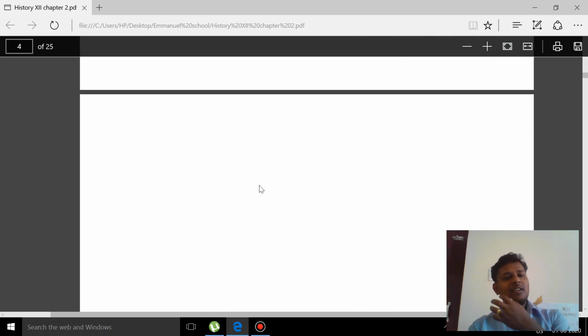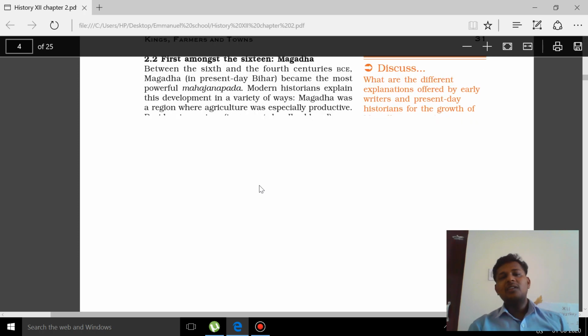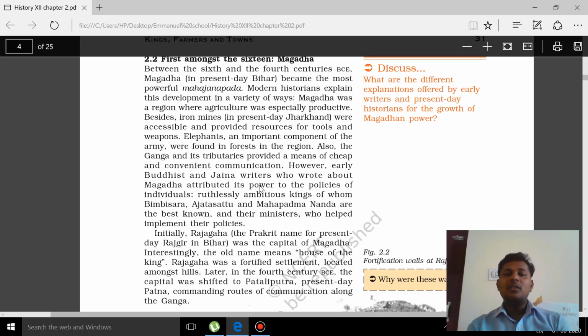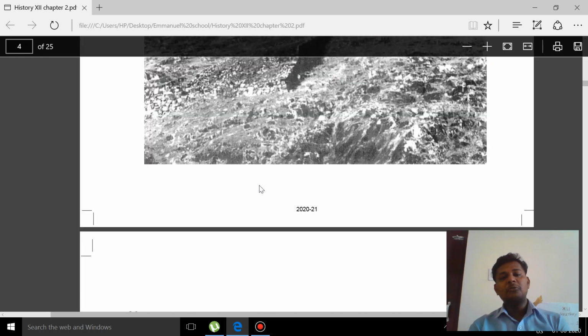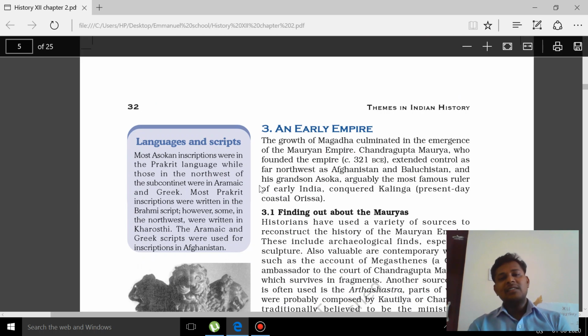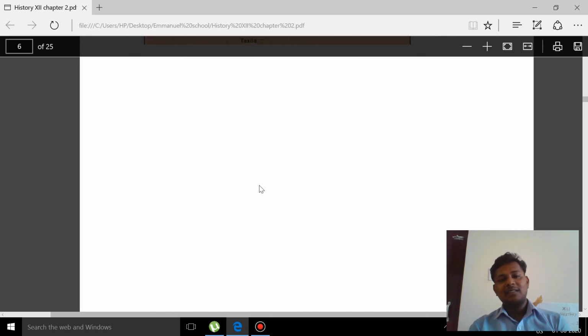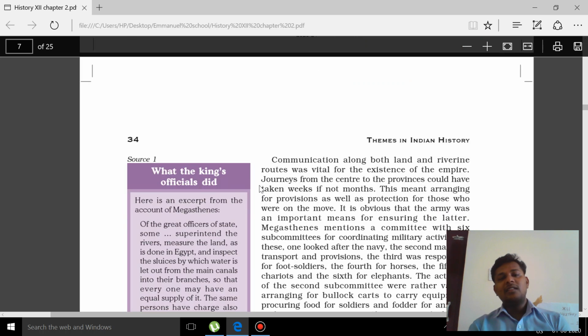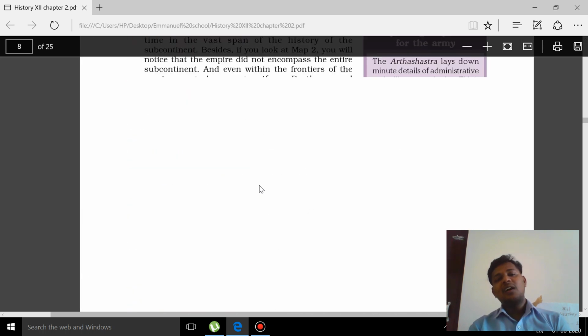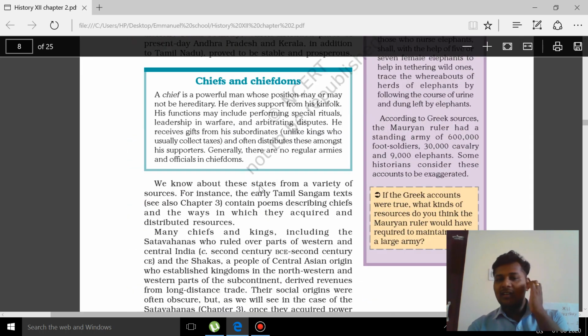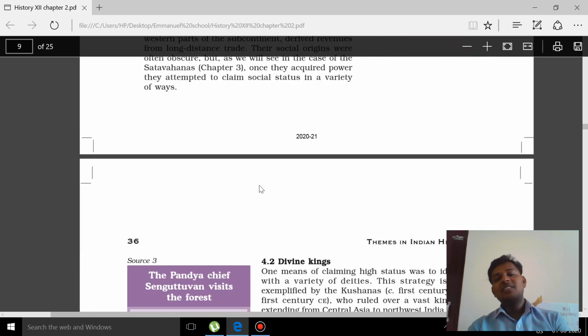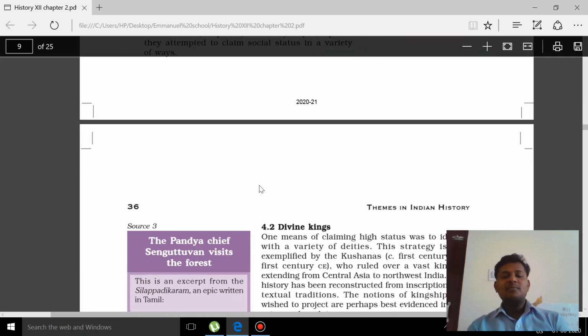This includes even Magadha, the most powerful of the 16 Mahajanapadas. Second, a long answer can come on the Mauryan empire. So that is another important long answer. The third one is how did the towns and the trade emerge? That's the third important long answer.